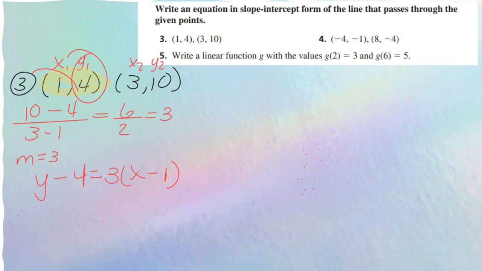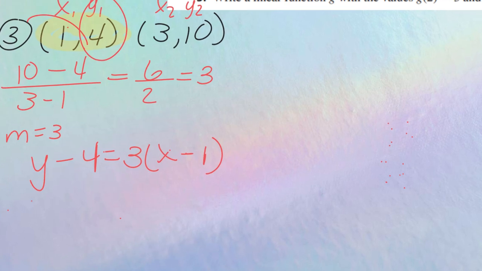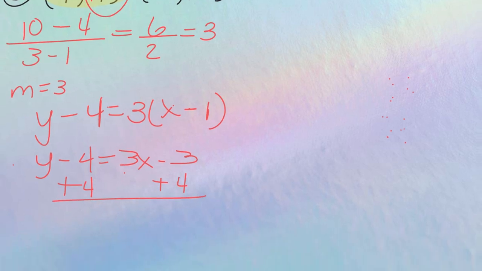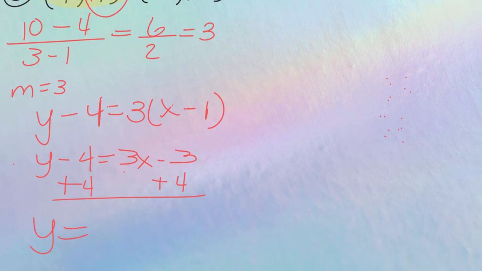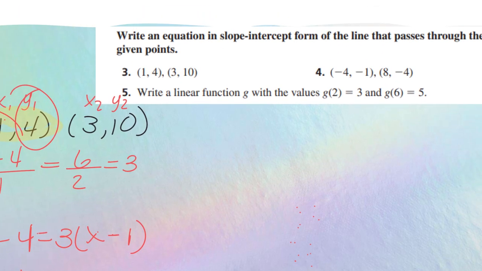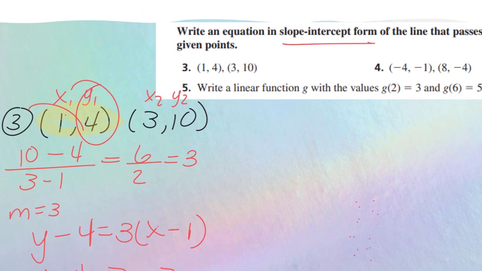We're left with what? Y minus 4 equals 3x minus 3. We're going to bring over our 4 so we could leave y on its own. So now it's going to be y equals 3x plus 1. And that there is in what form? They told us, slope intercept form.